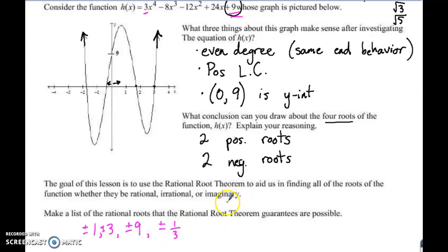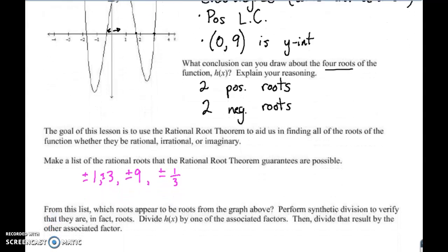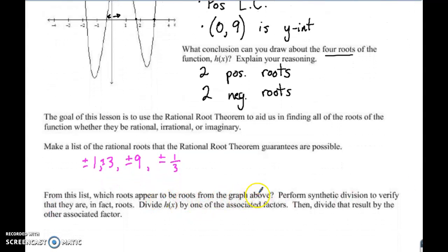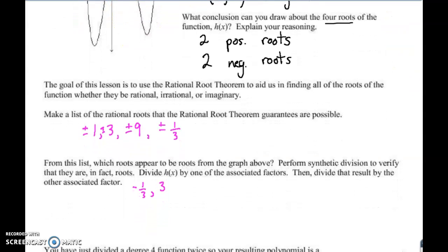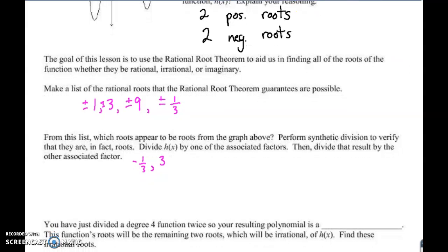And you could try, well, 3/3 reduces to 1, then 9/3 reduces to 3. But just from this list, I would say that negative 1/3 appears to work, and positive 3 appears to work, and the other 2 do not. So we can use synthetic division to test those out.